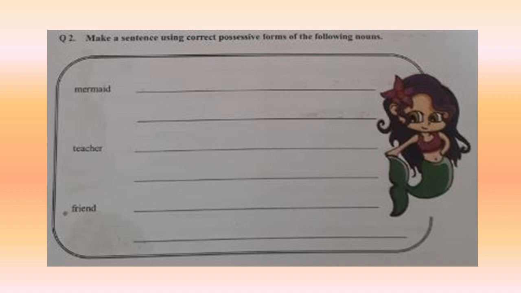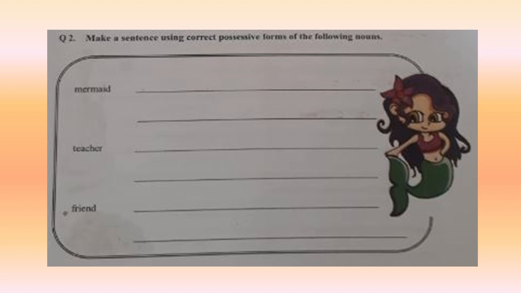The words given are mermaid, teacher, friend. First of all, you can notice that these are singular nouns. It is a mermaid, not mermaids. Now you remember that when we deal with singular nouns, we add apostrophe s.